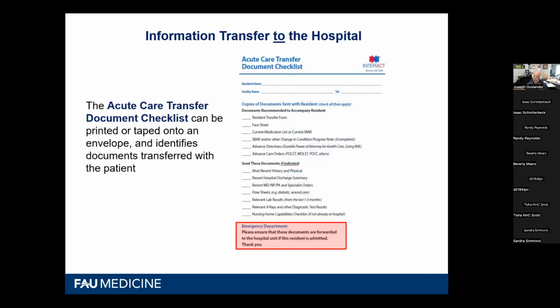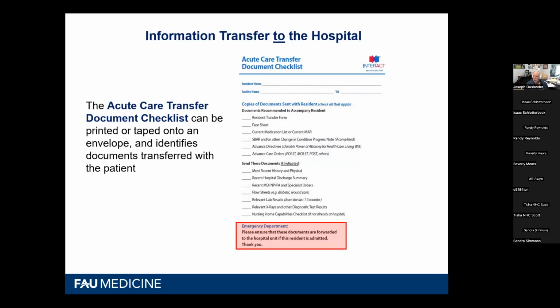If the person has to go to the hospital, we have a transfer checklist that can be taped onto an envelope of what documents should go to the emergency department. When we first did focus groups with emergency department staff, they said we really don't get adequate information. And what they meant by that was one of two things.